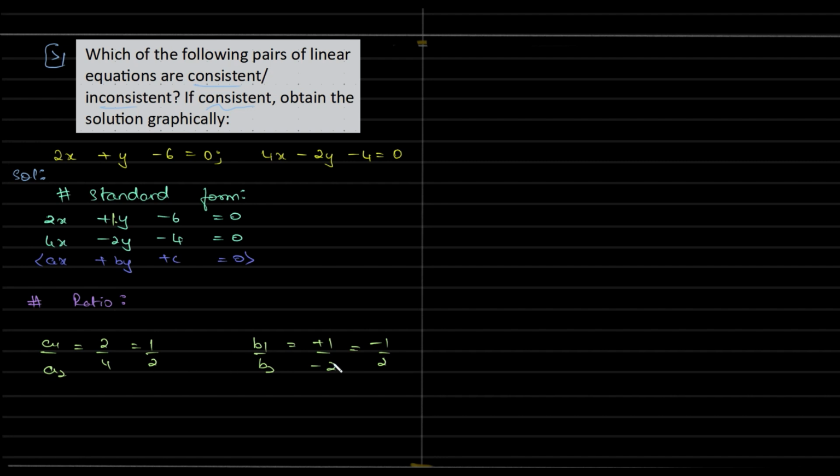No need to go further because these two are not equal. What do we have? Can you guess? As we have a1 by a2 not equal to b1 by b2, this implies the lines are consistent.